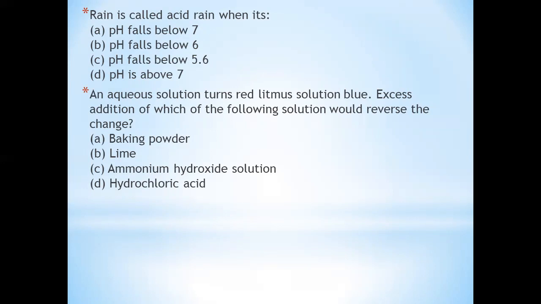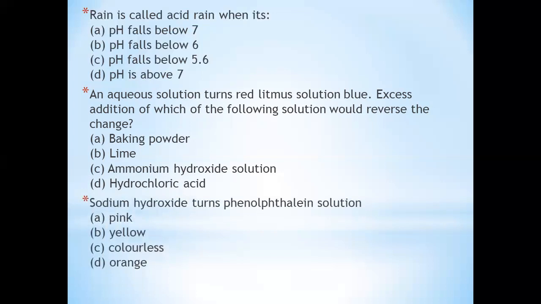If the aqueous solution turns red litmus blue, it is basic. Options: A. Baking powder. B. Lime. C. Ammonium hydroxide solution. D. Hydrochloric acid. And the answer is D. Correct option is option D, hydrochloric acid.